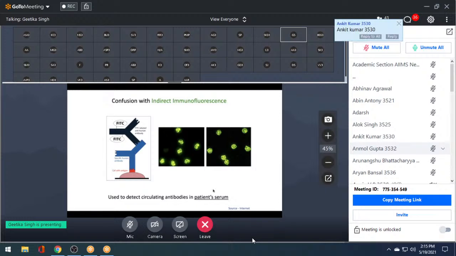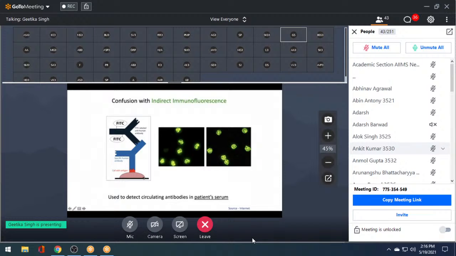In a direct immunofluorescence, you're going to put the patient's tissue and perform a DIF. When you're doing an indirect immunofluorescence, you need the patient's blood sample, you need the patient's sera, because what you're looking for is a circulating antibody. So the way we do it is, to detect this circulating antibody, we will create a slide which has the antigen of interest for this antibody.